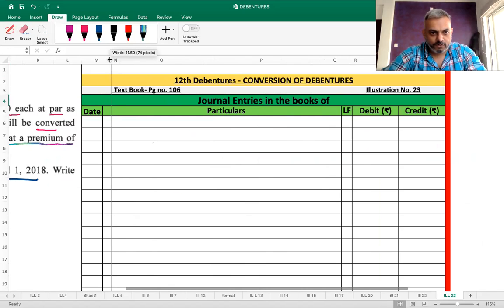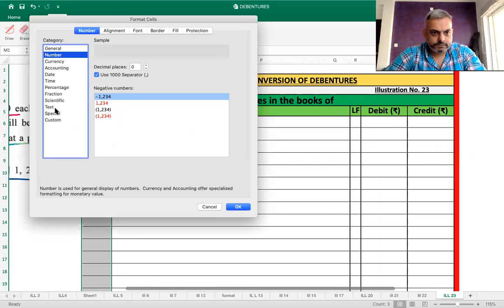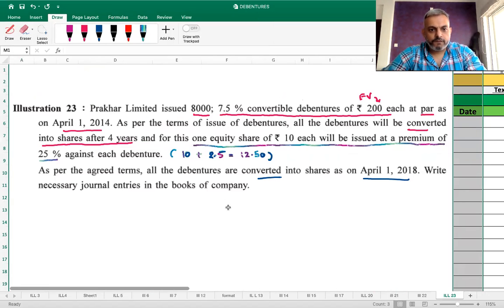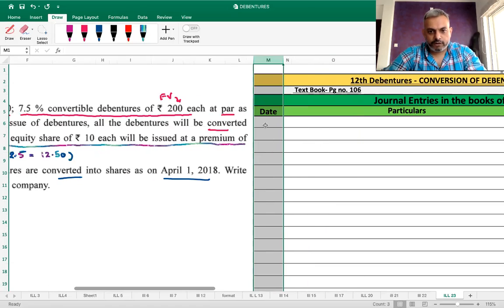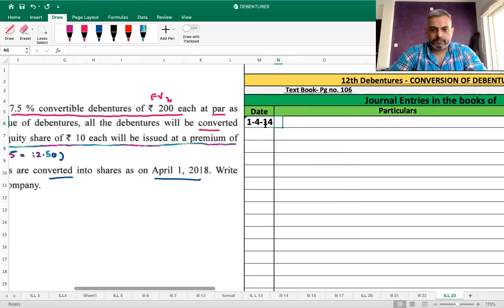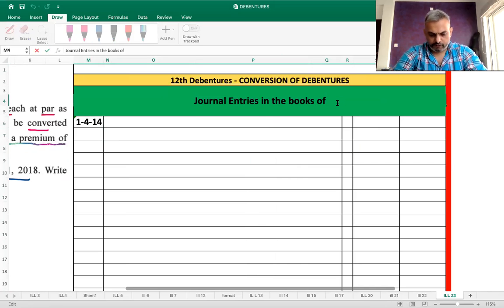Now, dates are given over here. Okay. So 1st April 2014. Write the heading, sorry. Journal entries in the books of Prakhar Limited.